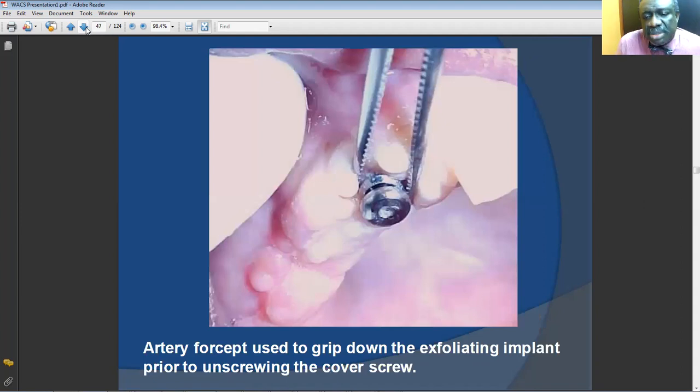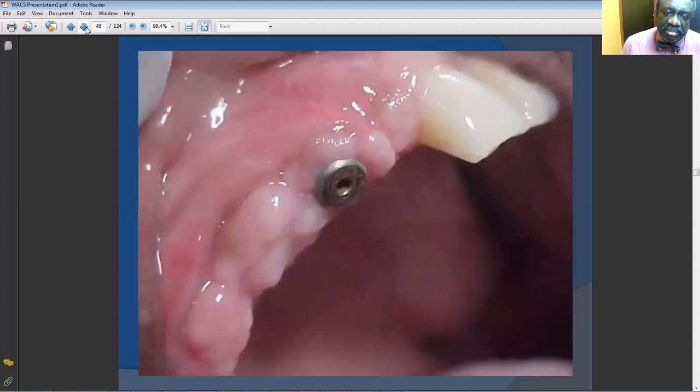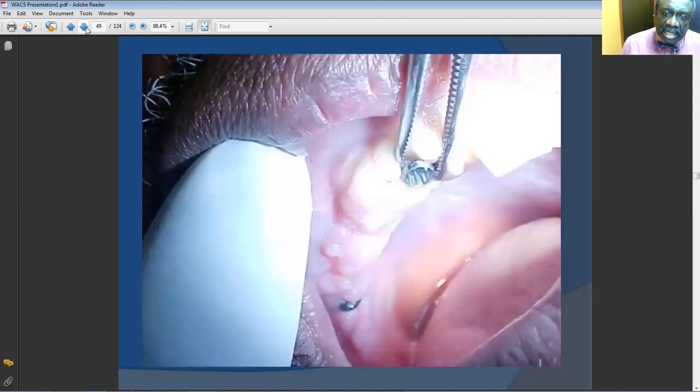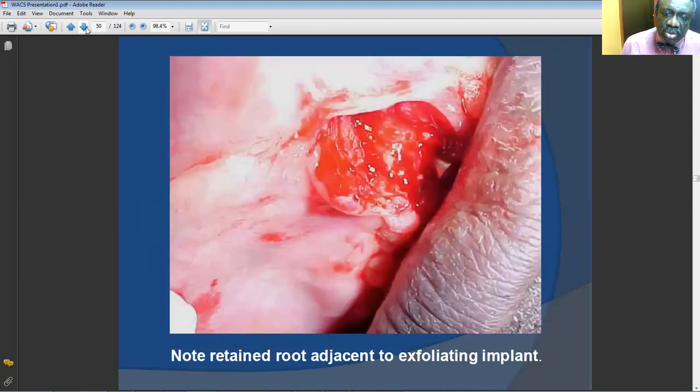After about 2 weeks, I was a little bit worried about why this was happening. What I did was use the fine needle holder to hold on to the coronal part of the implant. I screwed out the cover screw because I didn't really know what to do at that time, but I was exploring. And this is the situation. I took out the cover screw, and then I raised the flap, and I saw that a lot of the implant that was in the bone had now been exposed, and you can see it there.